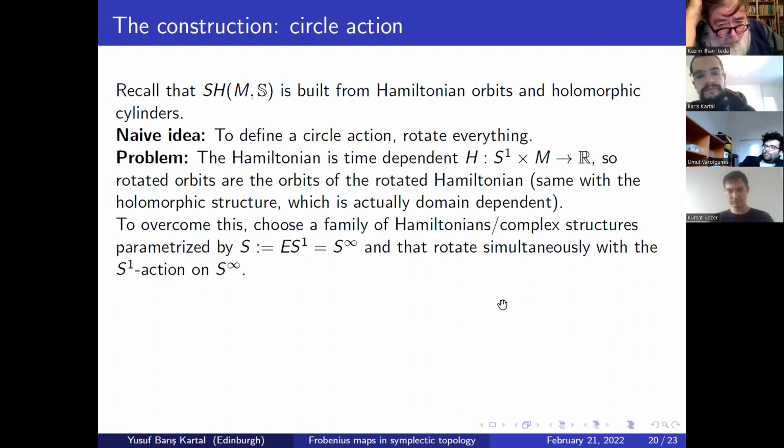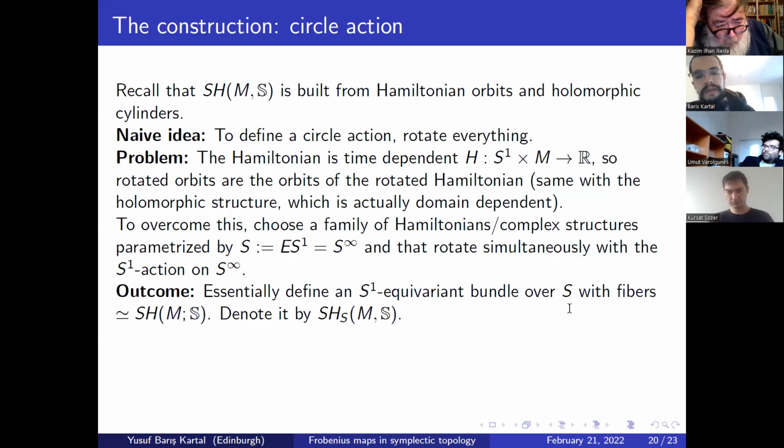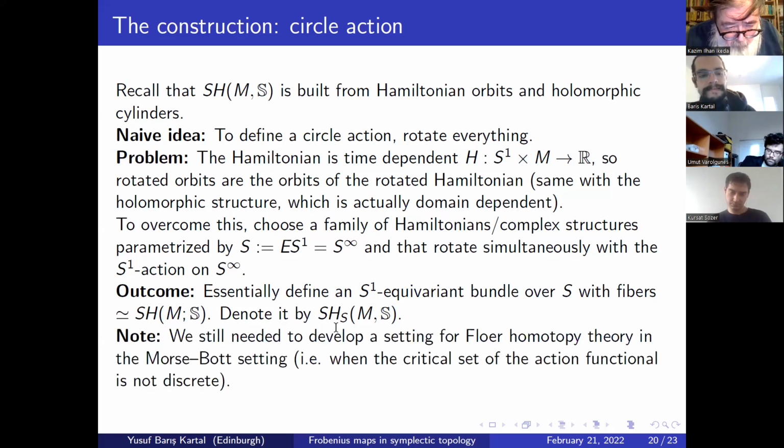So you essentially construct an S1 equivariant bundle over S infinity with fibers isomorphic to this, and you denote it by SH with a subscript S, SH over S. And we still need to develop a setting for Floer homotopy theory in the Morse-Bott setting, because the critical set is a union of circles, so it's not discrete. Okay, that's the circle action.